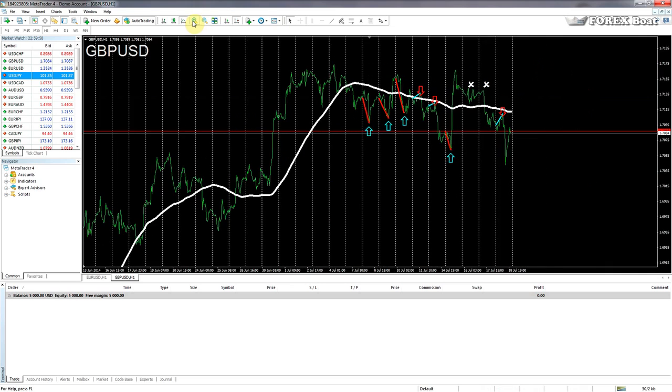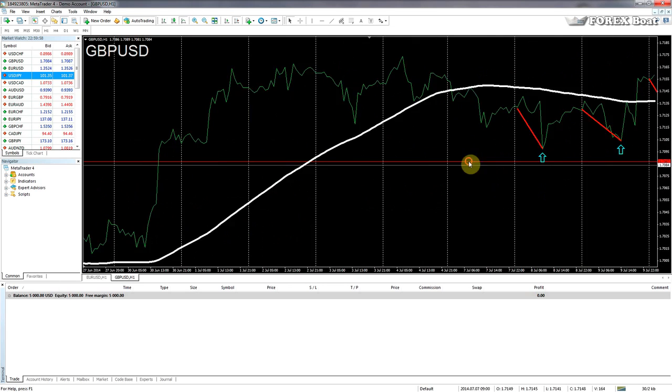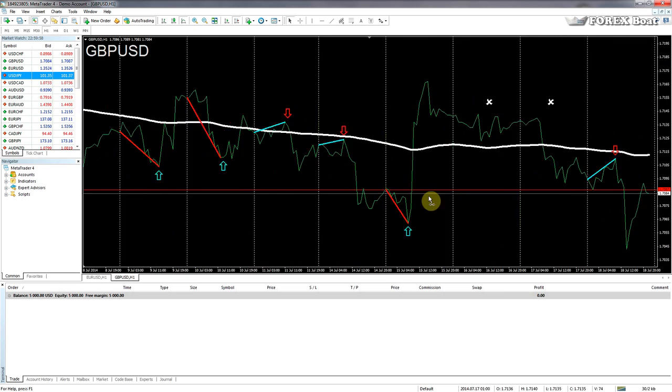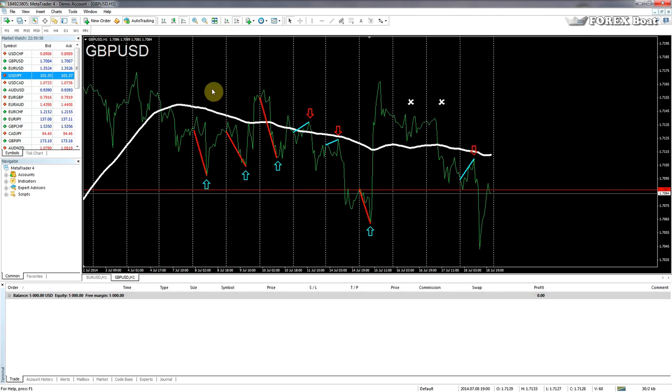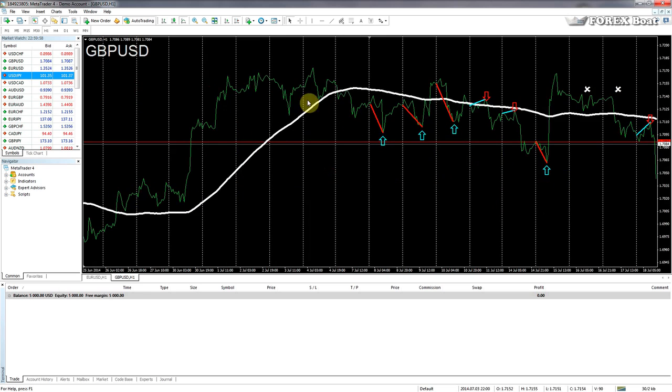However, let's see what's happening in our particular situation. In this system that we're outlining here, we can see that these blue arrows are below the moving average, and the red ones, except for this one, are either very close to the moving average or above. And what does that mean to us? That means that we're actually doing the opposite of what was prescribed.